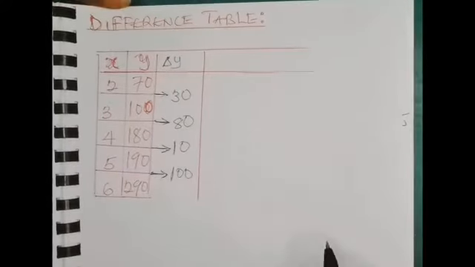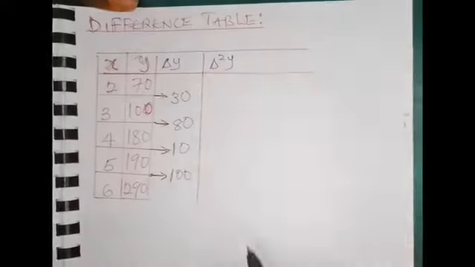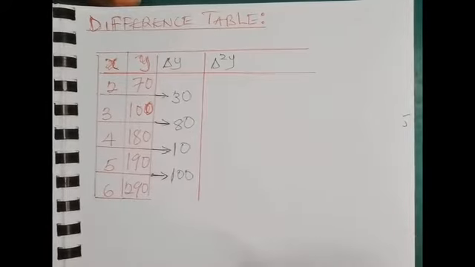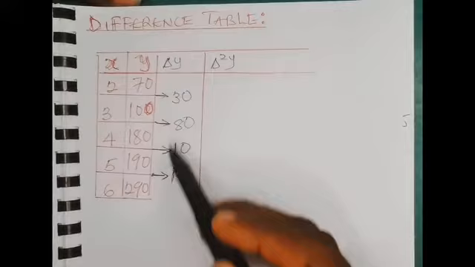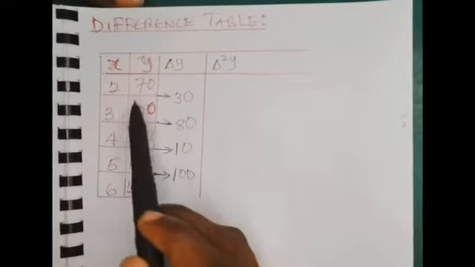So we are going to perform another difference. This time around the second difference is called delta squared y. This is now the second difference, and it still follows the same procedure, subtracting successive values of the first difference obtained.